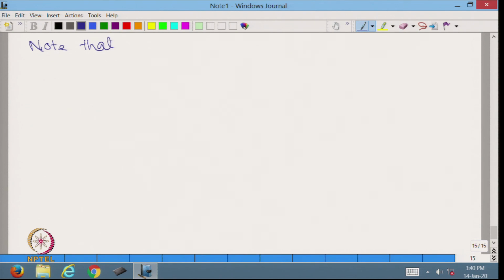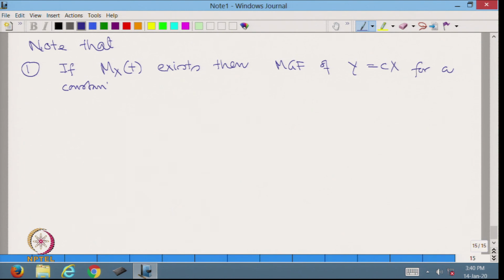Note that if M_X(t) exists, then MGF of Y equal to CX for a constant C is equal to expected value of e to the power CtX, which is equal to expected value of e to the power (Ct) times X, which is the moment generating function of X at the point Ct.